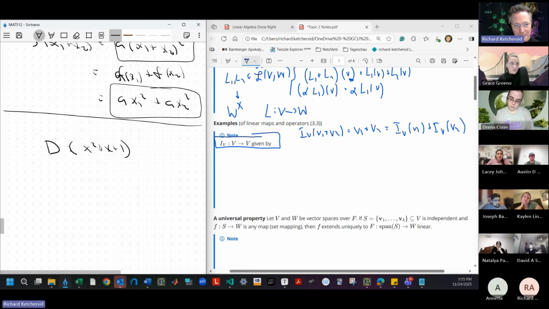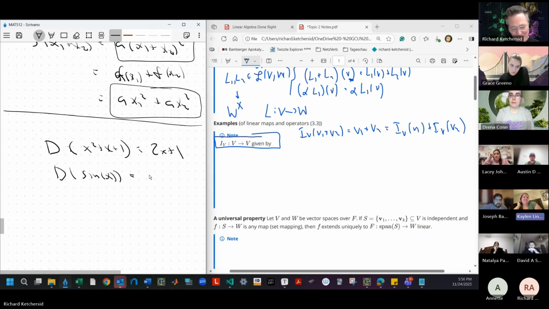What is the output? 2x plus 1, yeah. Maybe, and this is what you're thinking. If I apply it to sine, what do I get? Cosine.